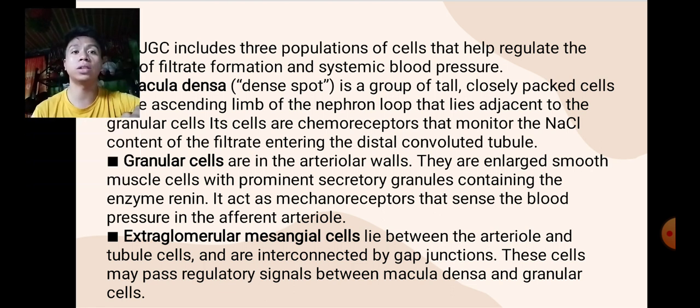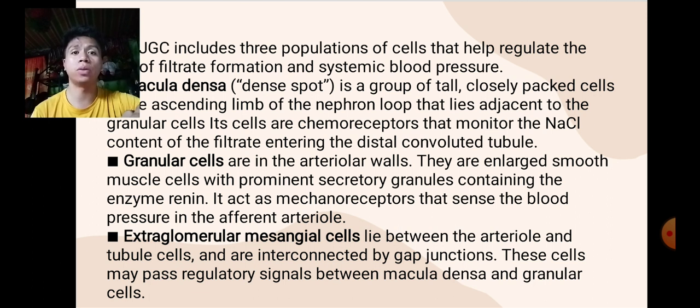The granular cells are in the arteriole walls. They are enlarged smooth muscle cells with prominent secretory granules containing the enzyme renin. They act as mechanoreceptors, while the macula densa cells are chemoreceptors.